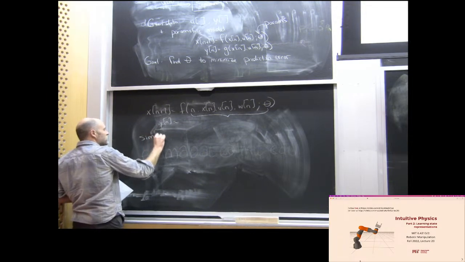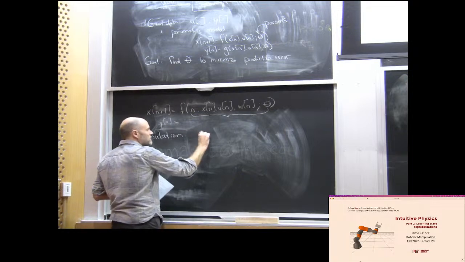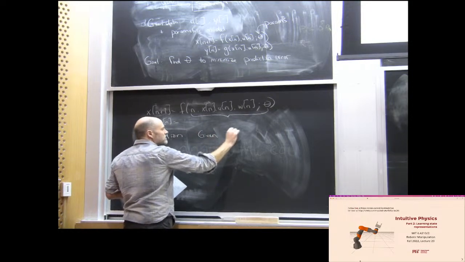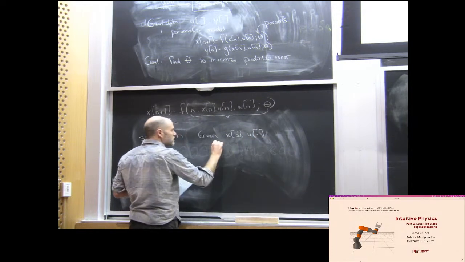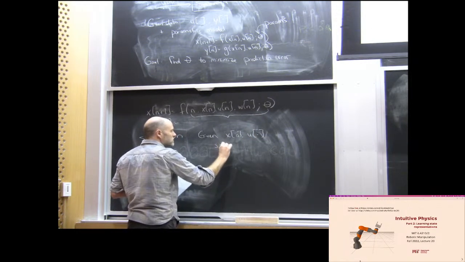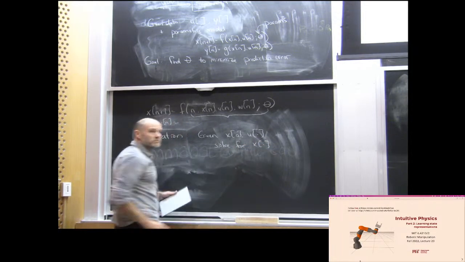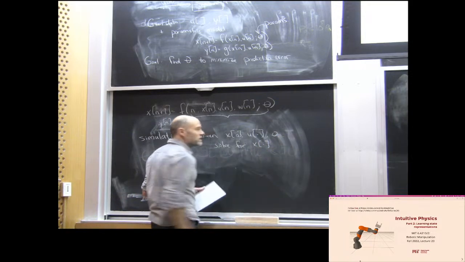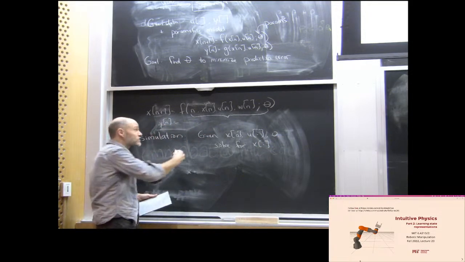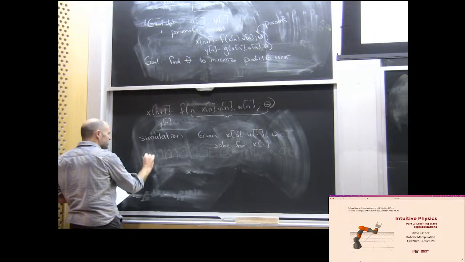Simulation, for instance, is just, given x0 and a bunch of u's, solve for x. You're given the parameters, you're given all those other things, but that's basically just solving for x by integrating forward.